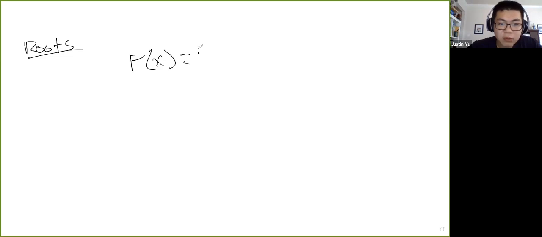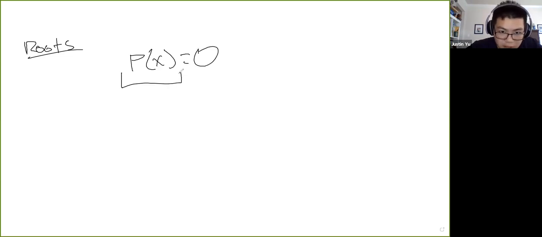Let's start by looking at roots. So I guess we have more terminology. The roots of a polynomial are the values of x for which the expression equals 0. So we could write it like p of x equals 0.